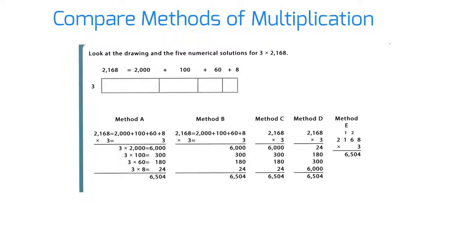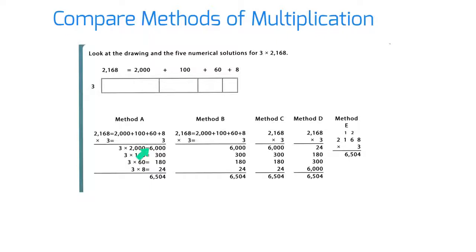in common? And just by looking at it right away, I notice that each method, although it has its own way of solving the problem, has the same product or the same solution to this equation. In addition, each method has a set of partial products.